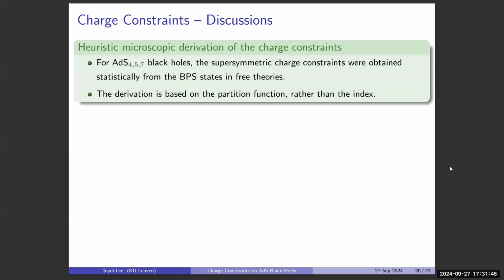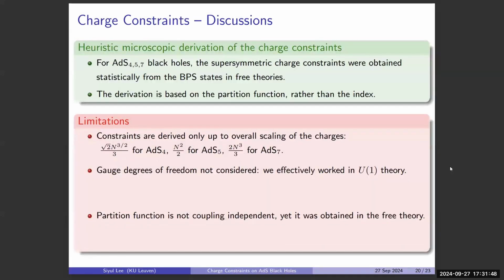However, there are things that we have put under the rug in the prescription. First, as you all pointed out, the constraint has been derived with these factors of some powers of n and some O(1) factors equated to 1 for no reason. Also, we have not considered any gauge degrees of freedom.